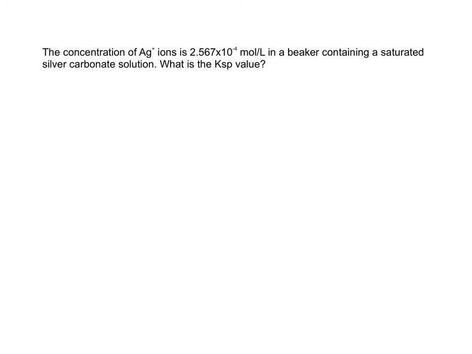liter in a beaker containing a saturated silver carbonate solution. What is the Ksp? So you're either going to be asked to find the molar solubility, the x value, or you're going to be asked to find the Ksp value. So we know that we have the concentration of silver.